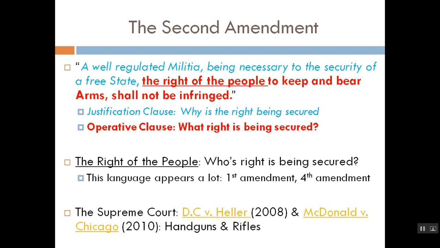The operative clause grammatically tells us what right is being secured and who holds that right. In this case, it's the people. And the justification clause explains why they hold that right, why that right must be respected, because it is necessary to the security of a free state. So in other words, you could rewrite this entire amendment and preserve the literal meaning if you wrote, "The right of the people to keep and bear arms shall not be infringed, comma, because a well-regulated militia is necessary to the security of a free state."